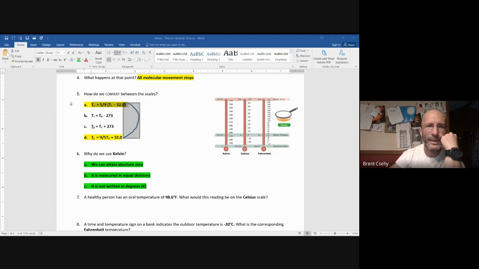So TC equals, and you know me, I like using parentheses whenever I can. And I know you're saying, you just said you don't use parentheses. That's not what I said. I just said make sure you follow order of operations. I'm going to put 5/9 in there, and TF is what we were given. But I'm still going to do what's in the parentheses first. So 98.6 minus 32.